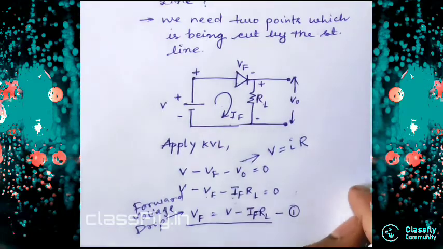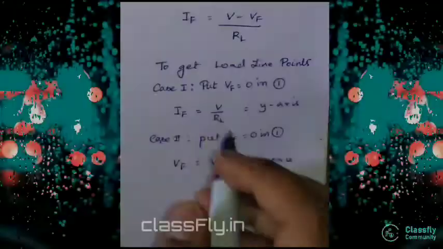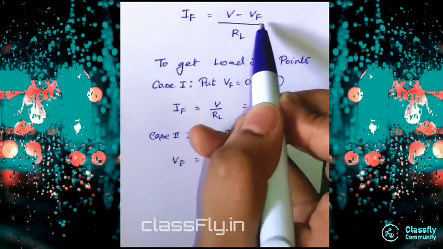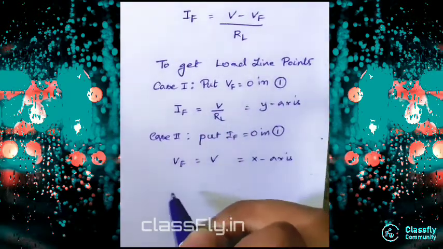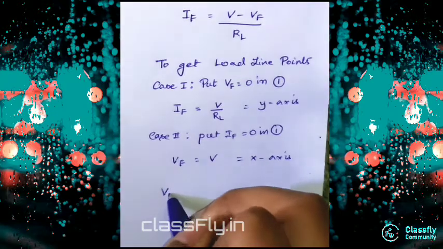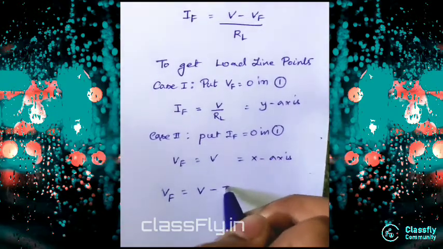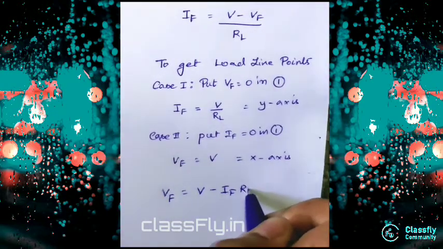Now we will find the forward current. How will we find it? IF is equal to V minus VF by RL. How did it come? As we saw, the last equation was VF equal to V minus IF RL.